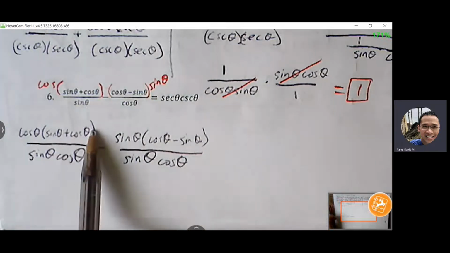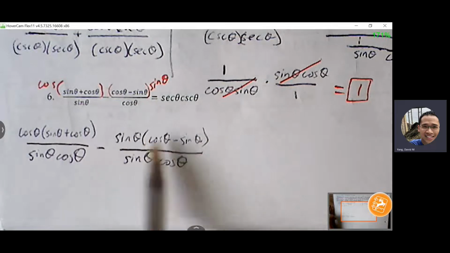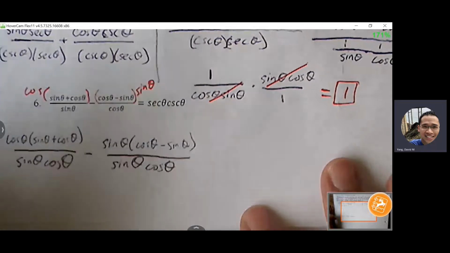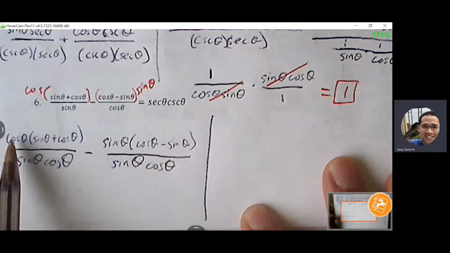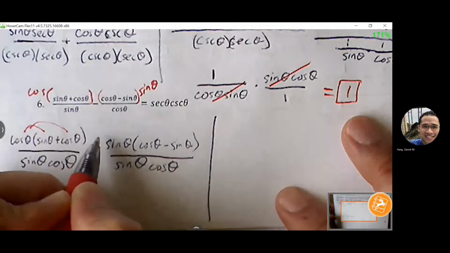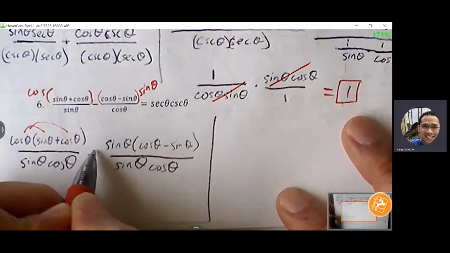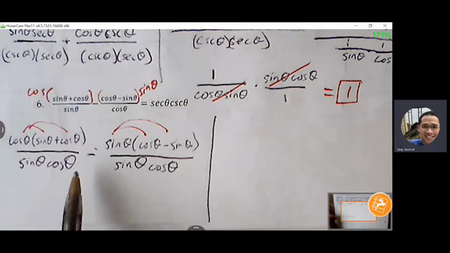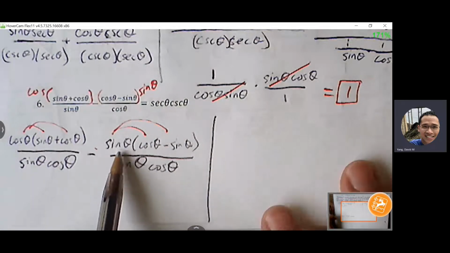I'll just distribute all the cosines through, distribute the negative sign through, and see what we can do to clean that up. So distribute through. And be careful, I'm going to take the negative sine theta and distribute that through. So I'm going to have the negative tag along in front of the sine here.